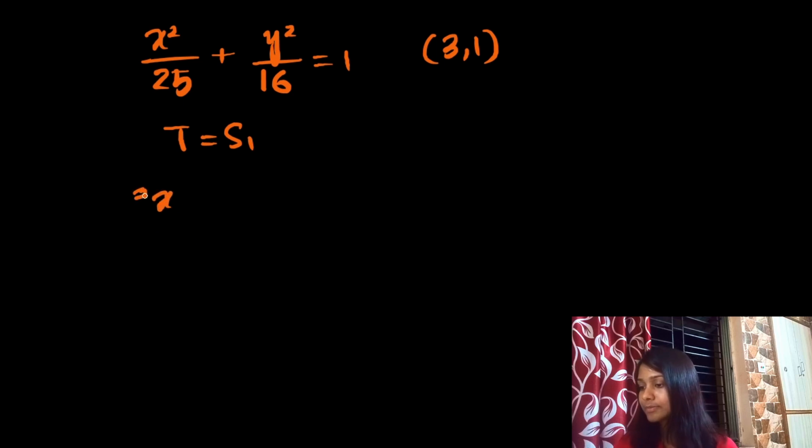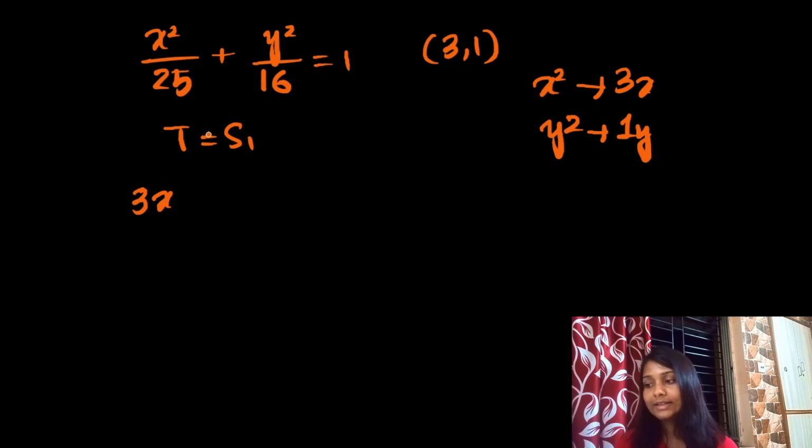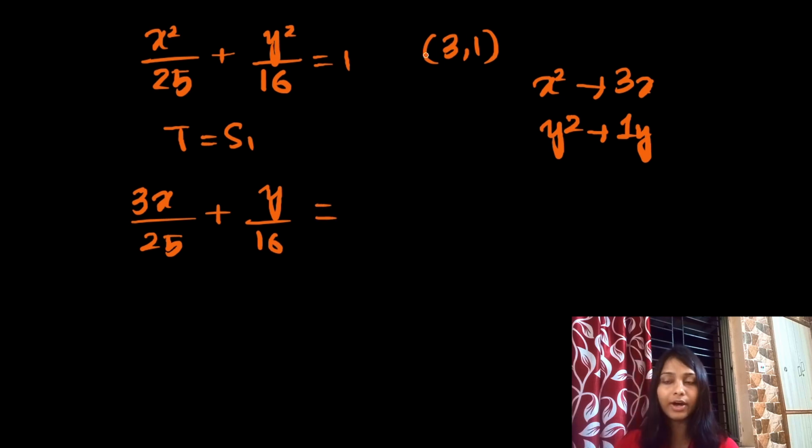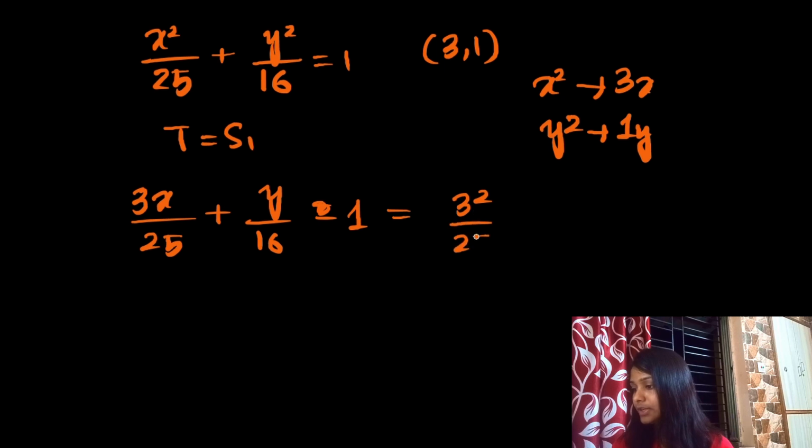We are going to substitute x square by 3x and y square by 1y in T. So it will give 3x by 25 plus y by 16 equals, we need to substitute 3 and 1 here, and there should be minus 1, 2, and here 3 square by 25 plus 1 by 16 minus 1.